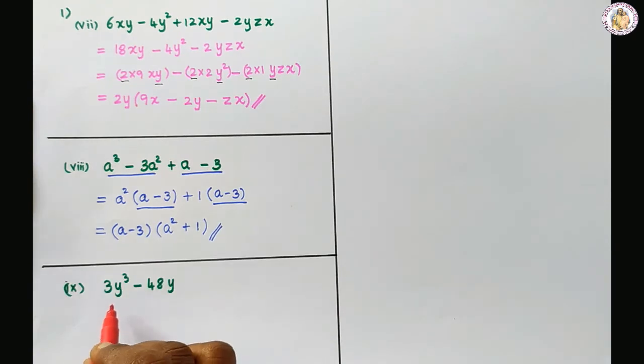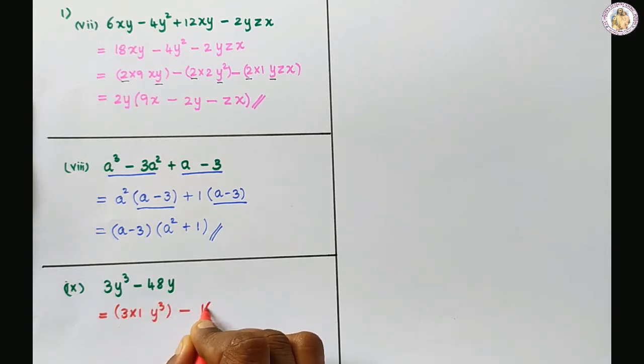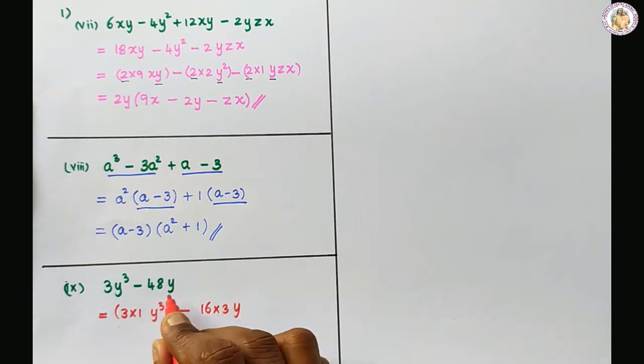Listen, the ninth one: 3y cubed minus 48y. Write the numerical coefficient as factors, that is 3 into 1. 3 as 3 into 1, y cubed, minus 16 3s are 48. Here the variable is y.